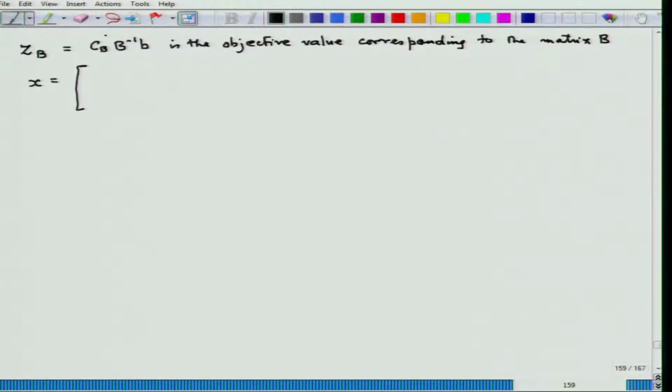See, it should be CB transpose. In usual text it will be CB transpose, but we are just considering C to be a row vector. So, it is written like this.